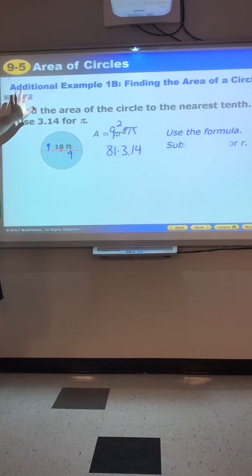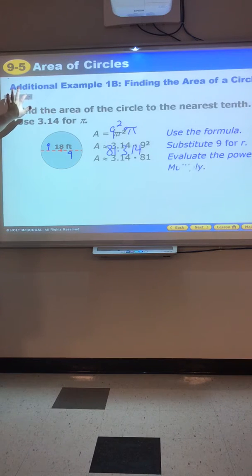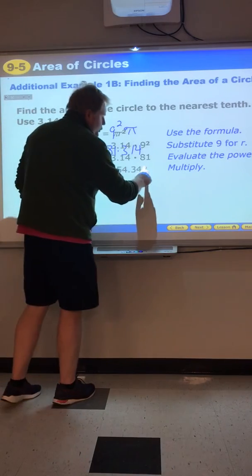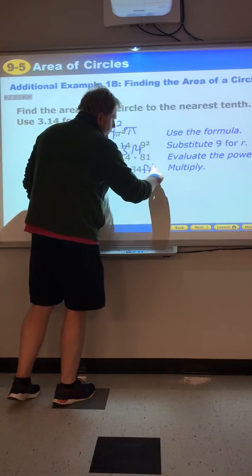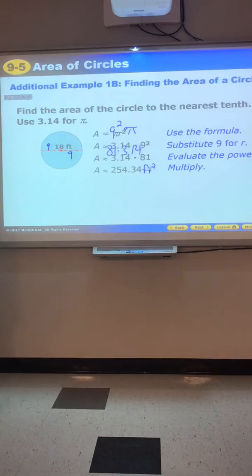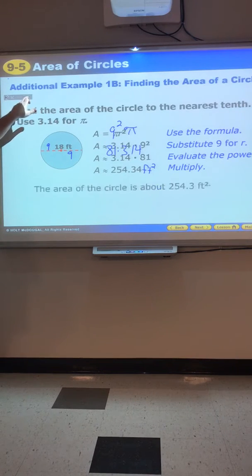They did it here for us. They squared it and did the math. 254.34. We're doing area, so feet squared, because we took 9 feet times 9 feet.